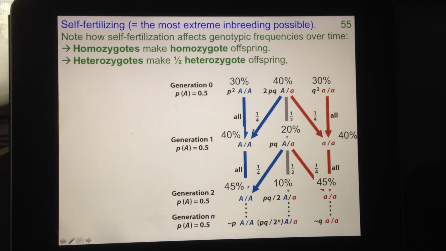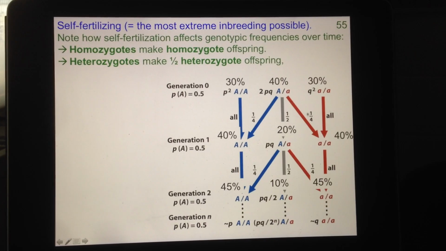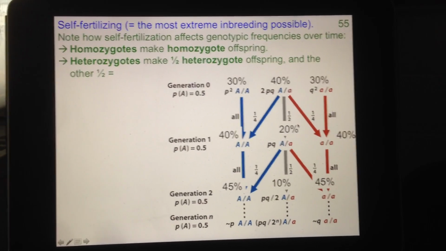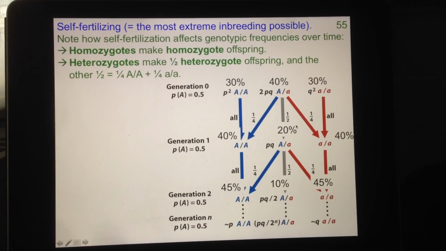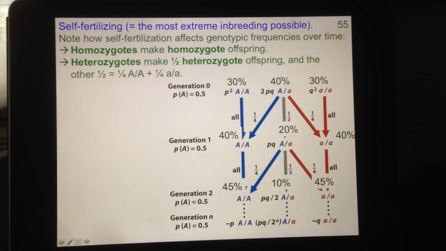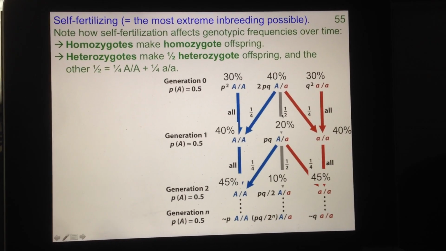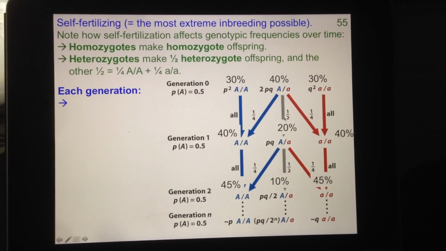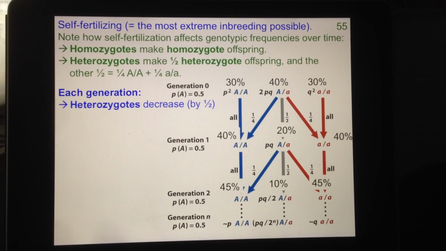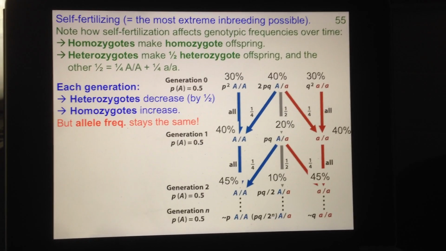The heterozygotes lose half of their frequency by the next generation, and that half gets split between the homozygous dominant and recessive ones. What you're adding to each side changes as you go down, depending on how big your heterozygote population was to begin with. So basically each generation, heterozygotes decrease by half, and homozygotes increase by half of that half, essentially.